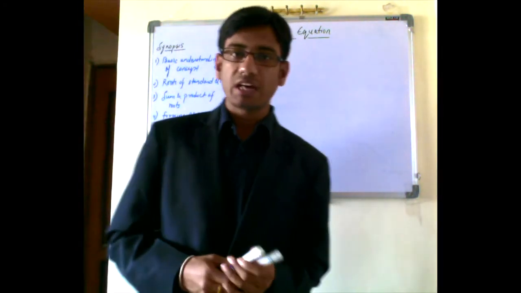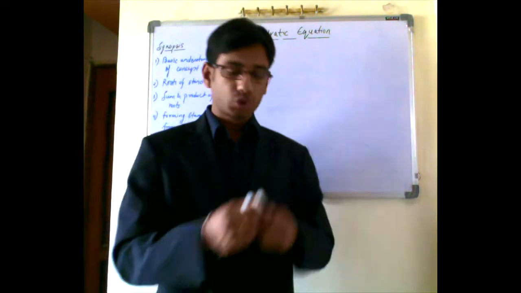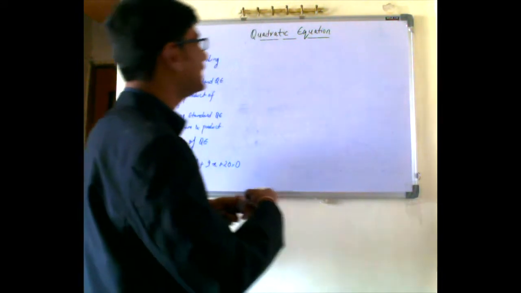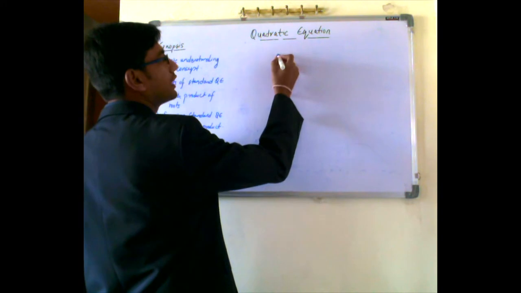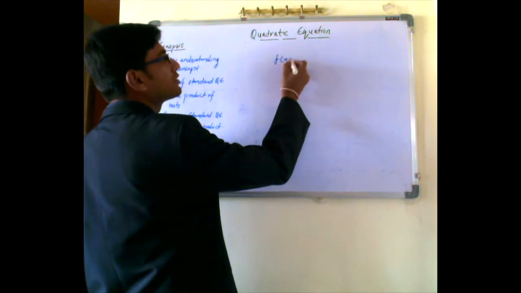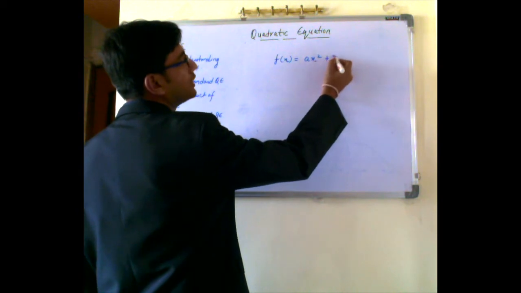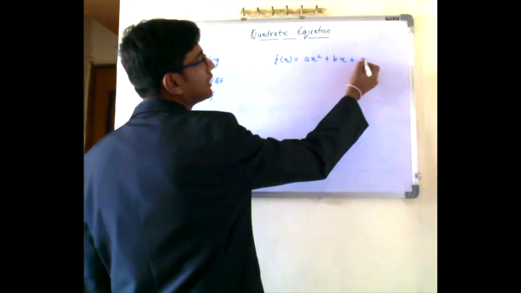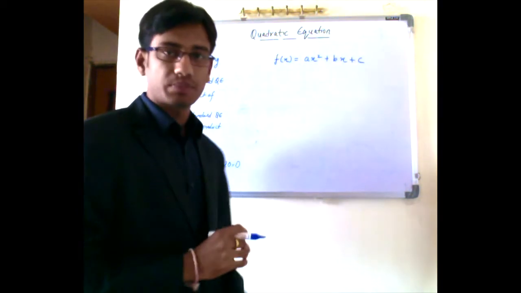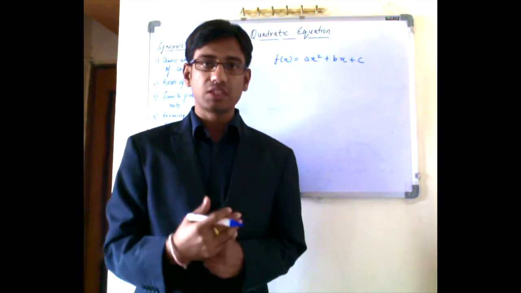Okay. So we'll start with the standard form of the quadratic equation. First, what is an expression? If there is f(x) that gives me ax² + bx + c, this is an expression. When I equate this expression to 0, it becomes an equation.